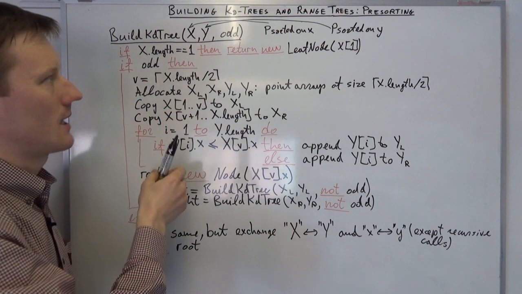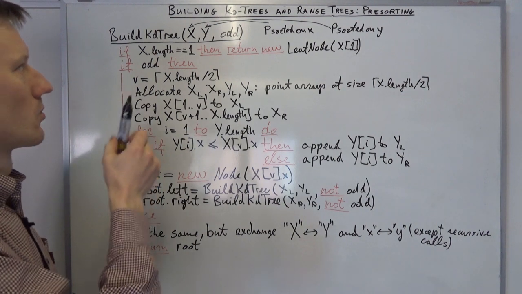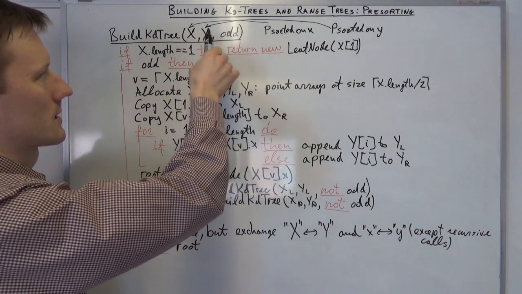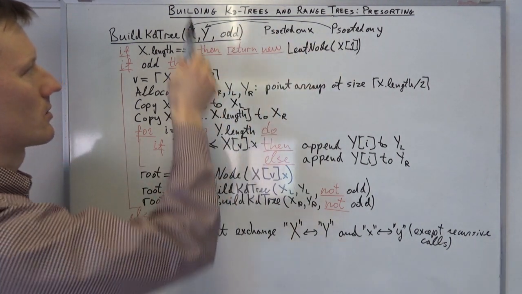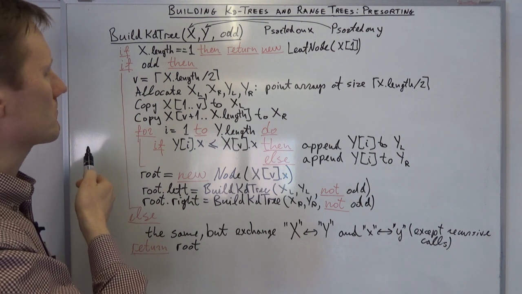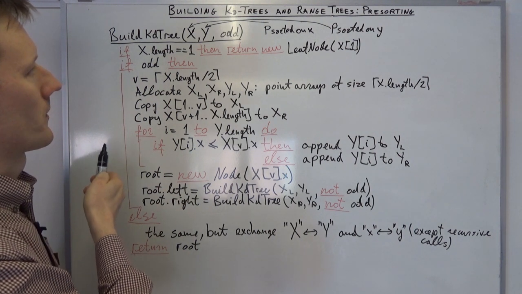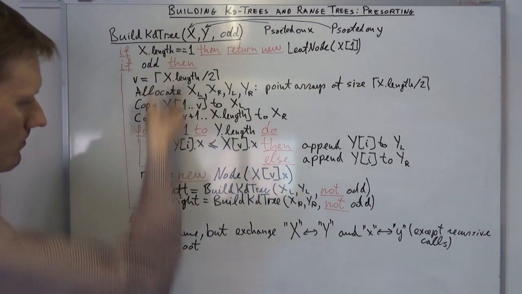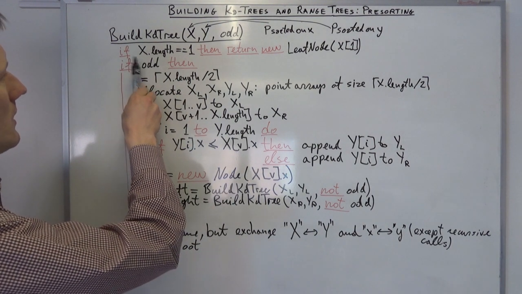Both of these arrays are arrays of points. The only difference is that one is sorted on the X coordinate, another is sorted on the Y coordinate, but they contain exactly the same set of points. And then the same odd parameter. So the pseudocode is here.